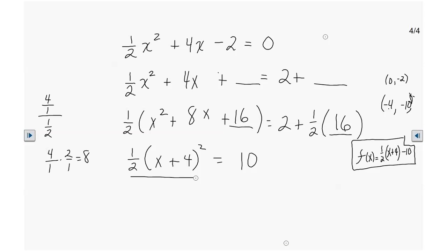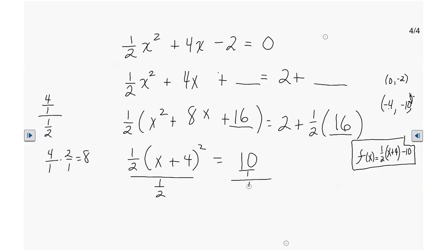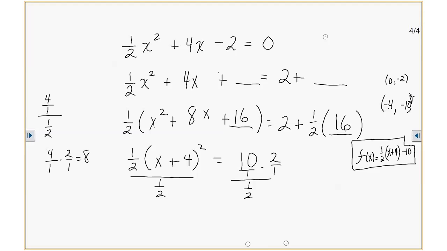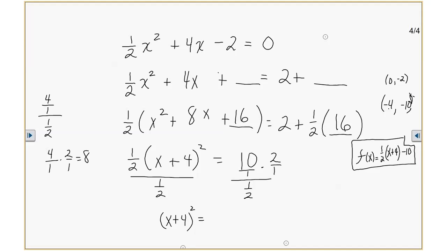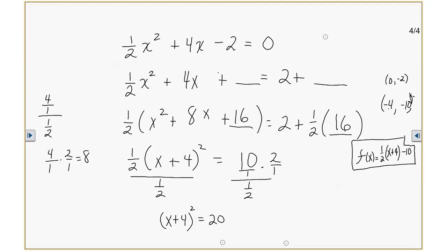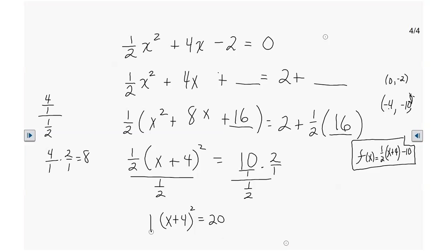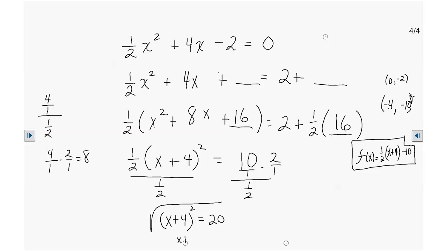Okay, divide by 1/2. Means you're gonna have x plus 4 squared is equal to what? 20. Take the square root of both sides. X plus 4 is equal to positive or negative square root of 20.